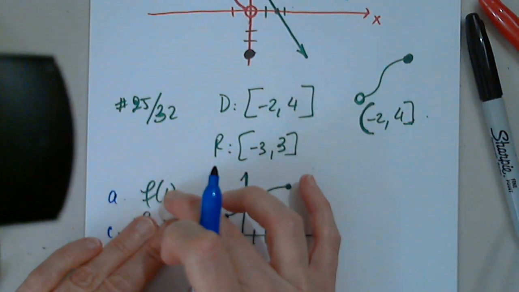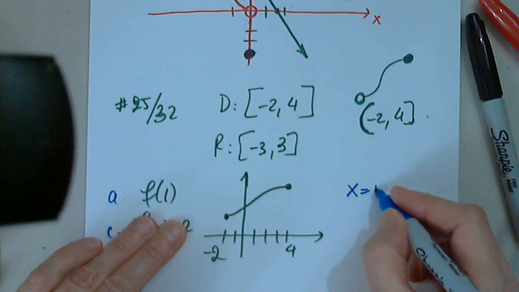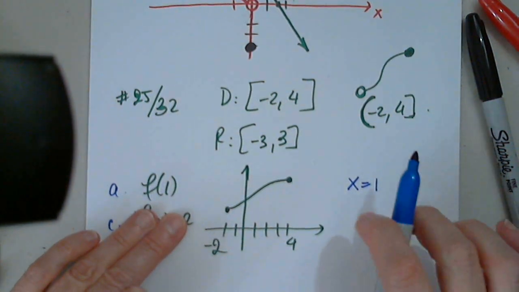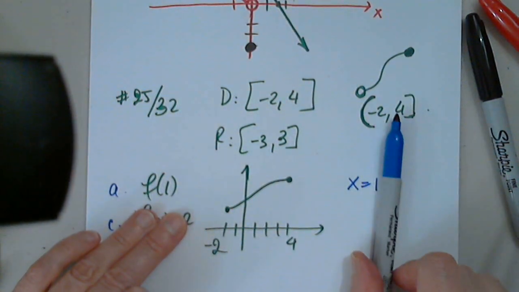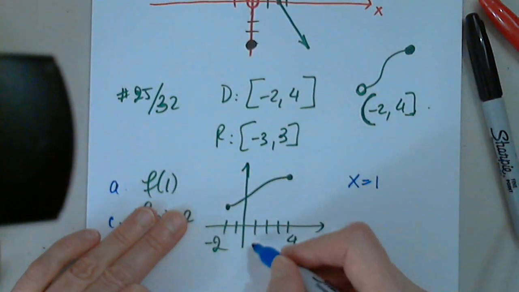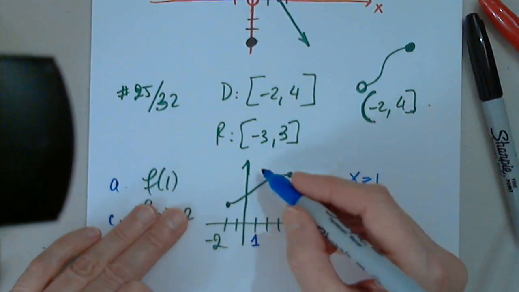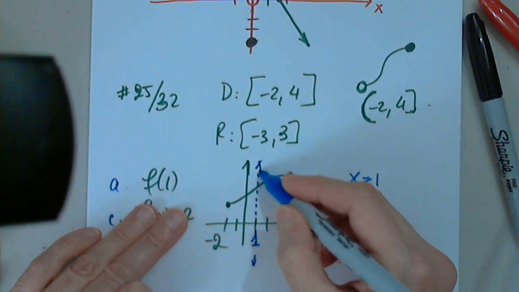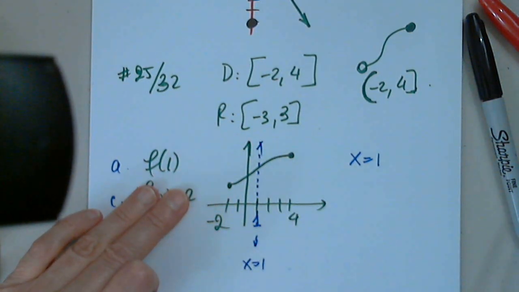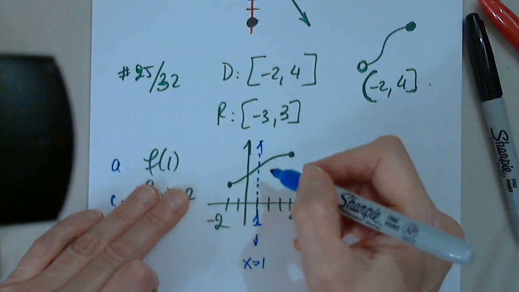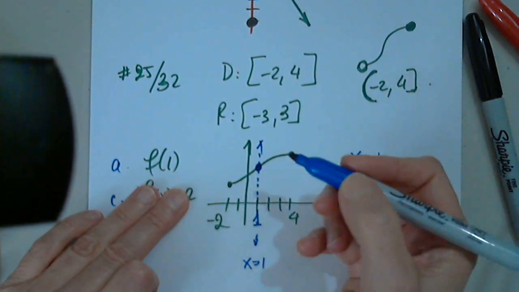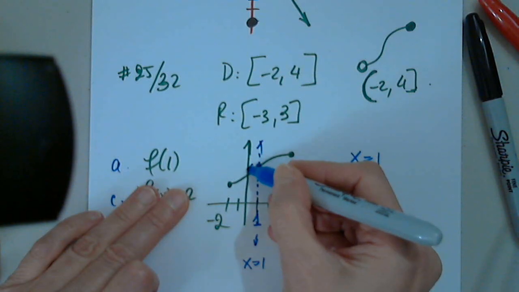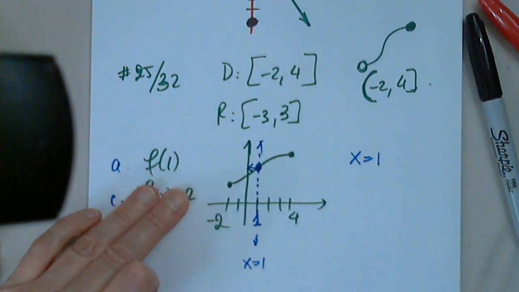F of 1 tells us that x equals 1, and remember what we discussed last time, x equals 1 is a vertical line. So imagine, or just draw, the vertical line x equals 1. Does it cross the graph? Yes, it does. And now I have to read the y value. So let's do f of 1.